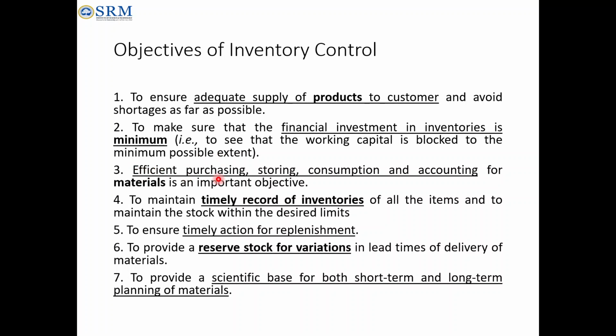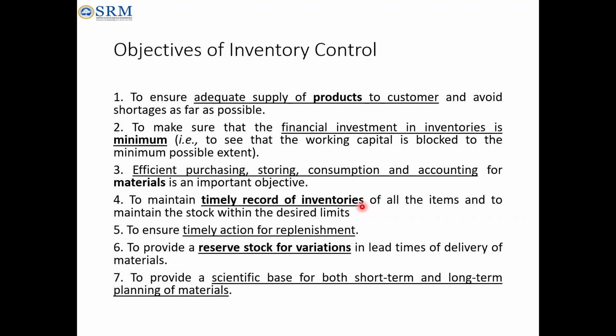Then efficient purchasing and storing, consumption and accounting for materials. How much we are going to purchase, how we are going to store, how we are going to utilize, or how we are going to measure it is also one of the main objectives of inventory control. And also keeping a timely record of inventory is very, very important.